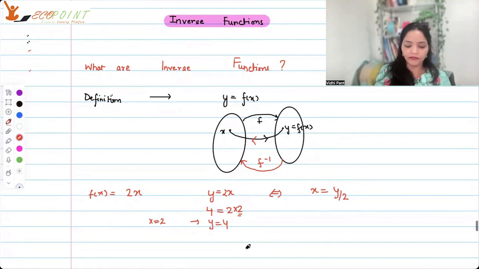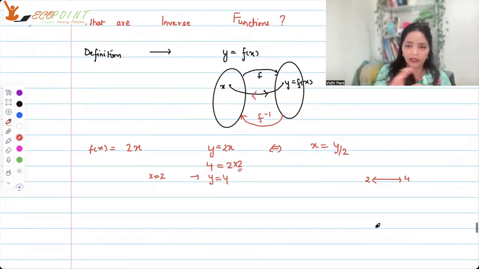So 2 is being mapped to 4, and yes, I can map back 4 to 2.